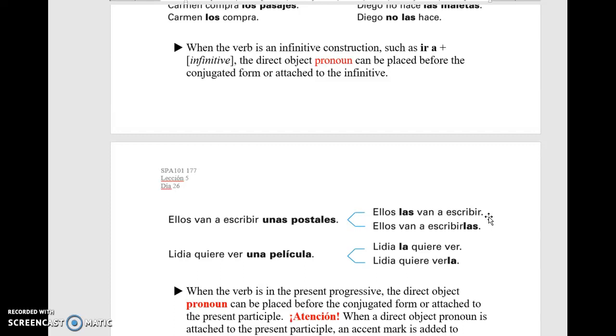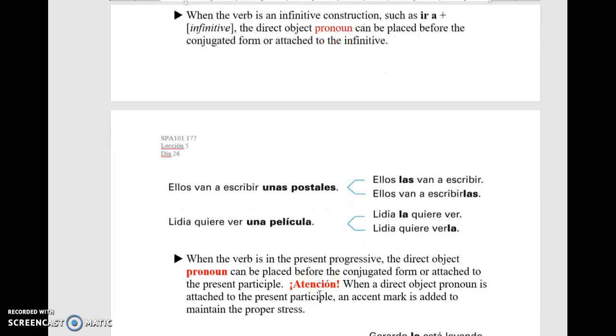You may choose to always put it out in front. Las van a escribir, la quiere ver. That's fine, but I don't want you thinking if you read van a escribirlas, that suddenly you're like, I've never seen this word escribirlas. I want you just to know, oh yeah, I say it this way, but there is the other way. Okay, so I hope that makes sense.